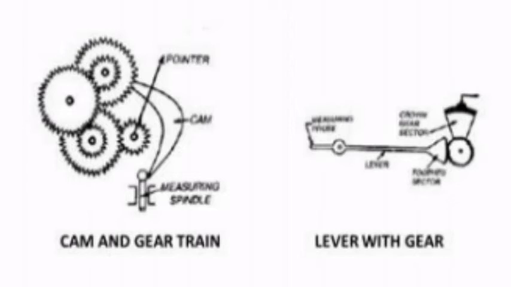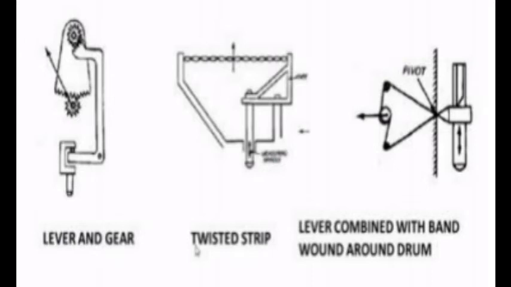Now there are other systems to amplify the input signal. This is a lever and gear, and there is lever and gear and twisted strip, and this lever is combined with a band wound around a drum. We have a drum here, and a band is wound around this drum. There also we get the amplification of the signal.